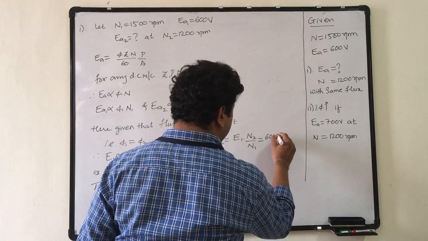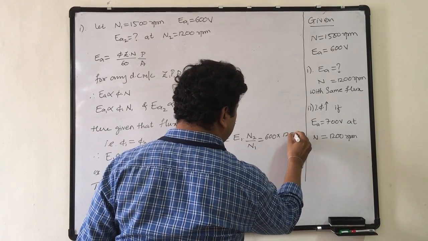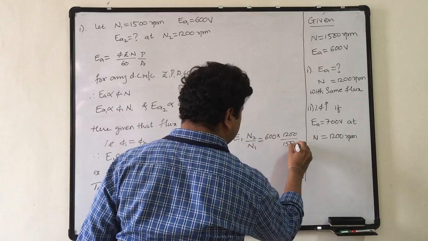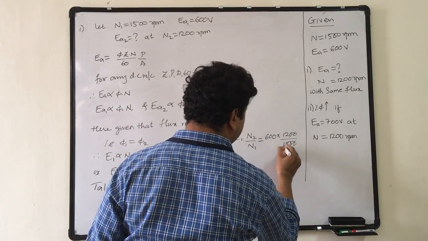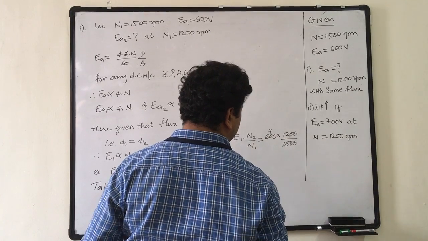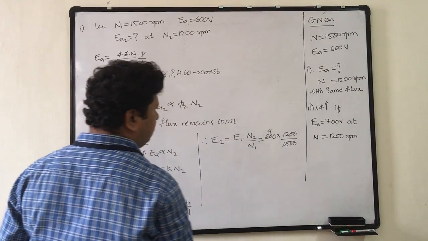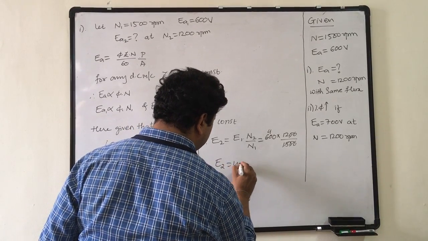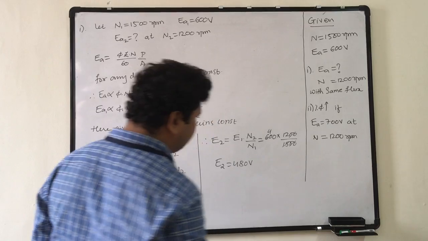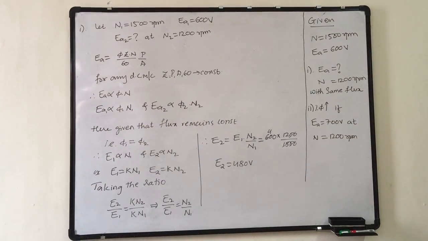That is 600 into 1200 divided by 1500, which is 480 volts.